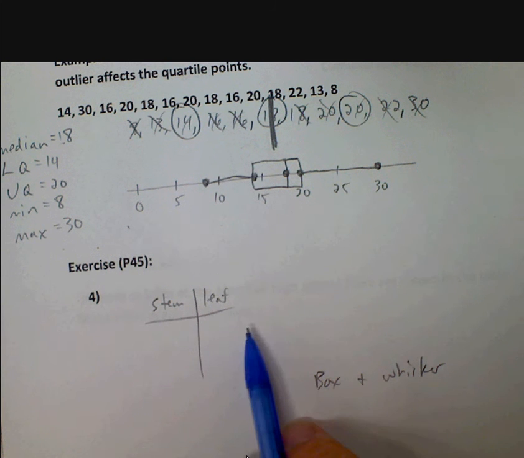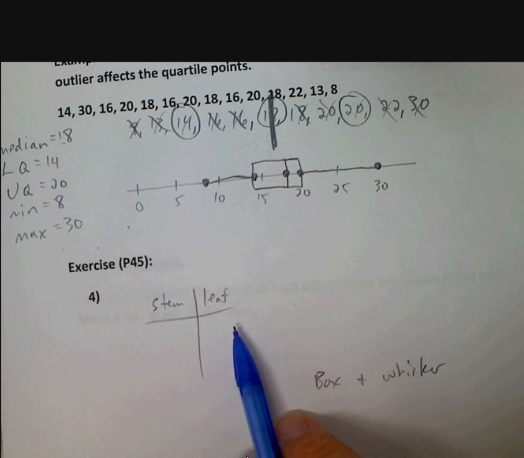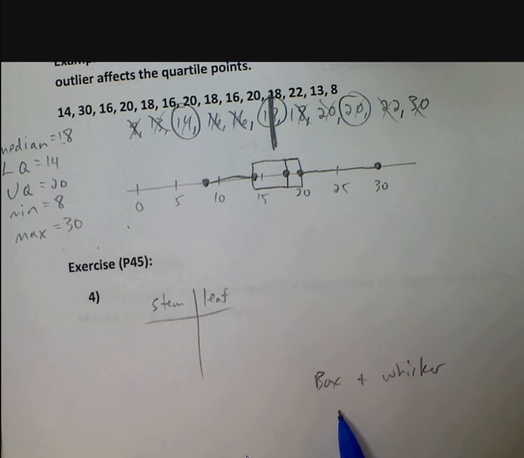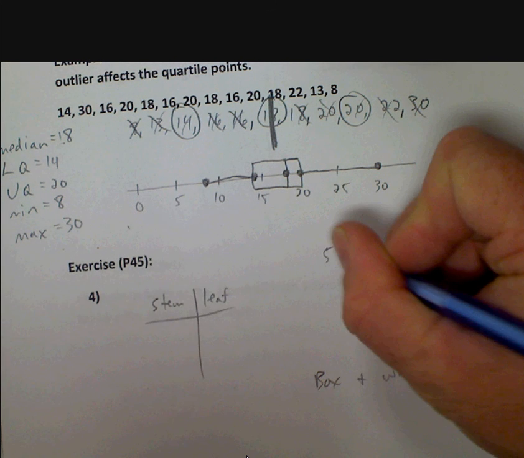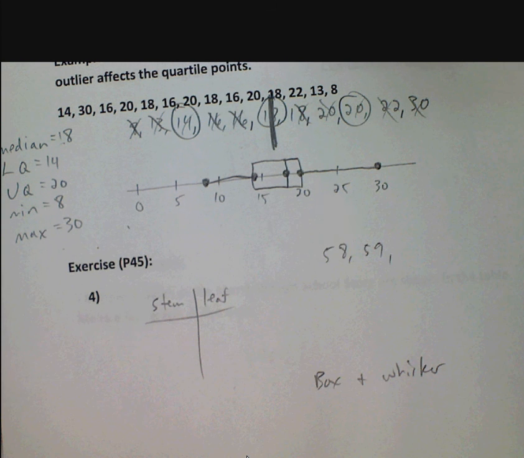Within a stem and leaf, the best thing we could do, since we're going to have to put these in order anyway, is put them in order. So the smallest that I see is 58. Then I have a 59.